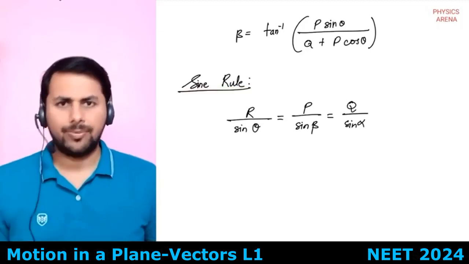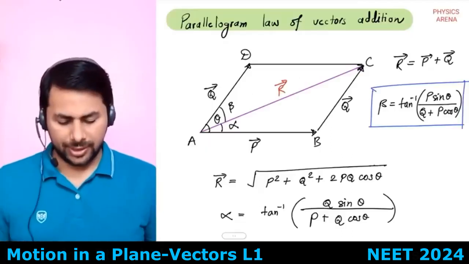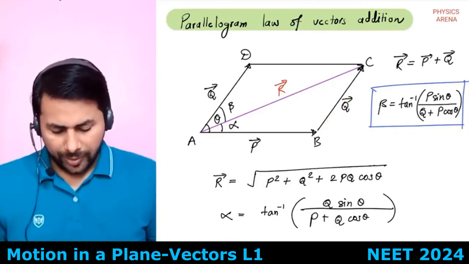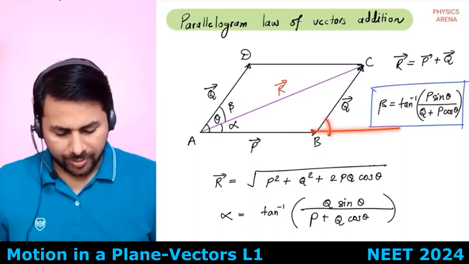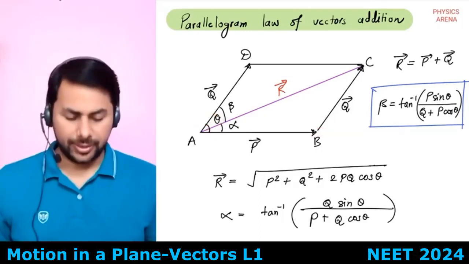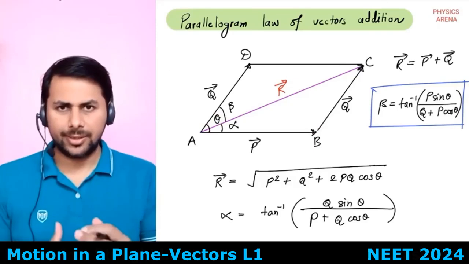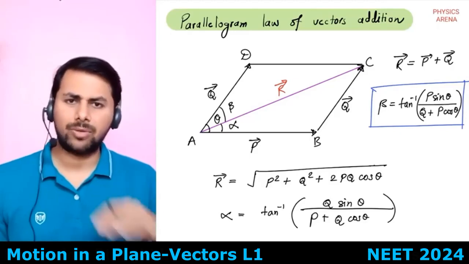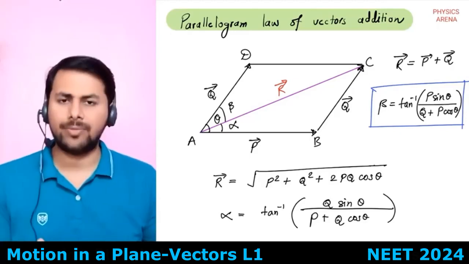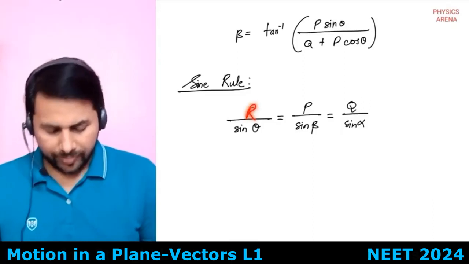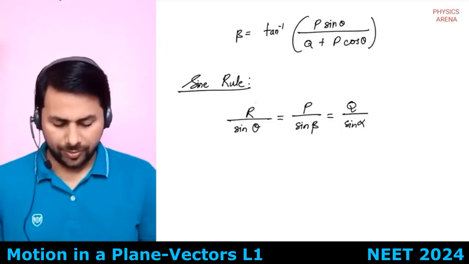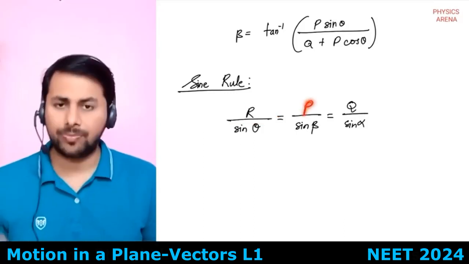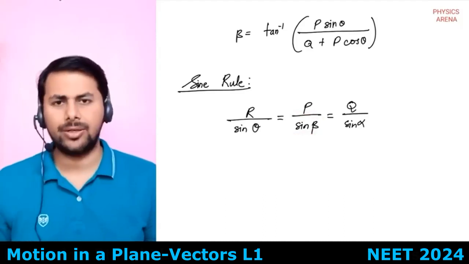In very simple language, if you have these three vectors p, q, and the resultant r, and the angle between p and q is theta, then the magnitude of one vector divided by the sine of the angle between the other two is equal to the same for any other vector. So you pick r: the magnitude of r divided by the sine of the angle between the other two is equal to the magnitude of p divided by the sine of the angle between the other two.